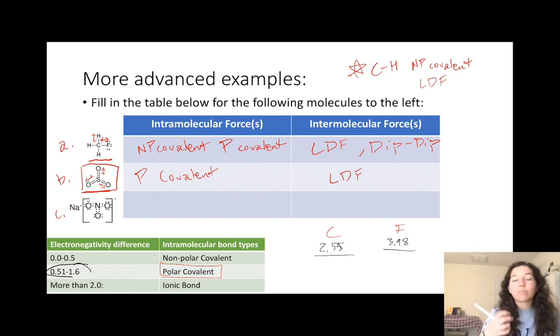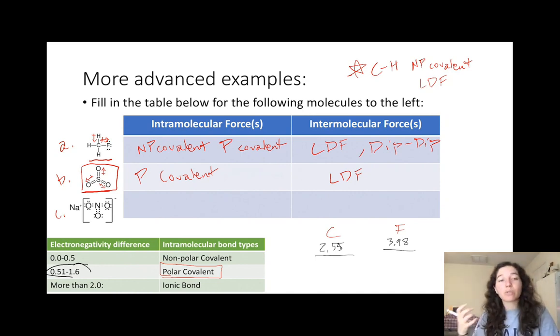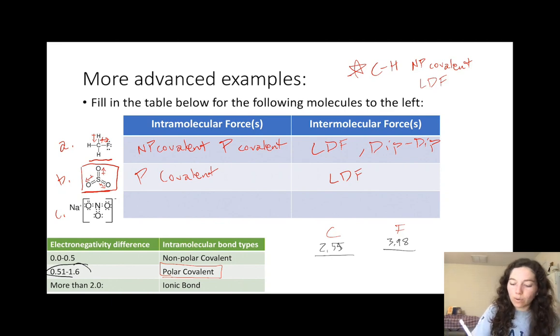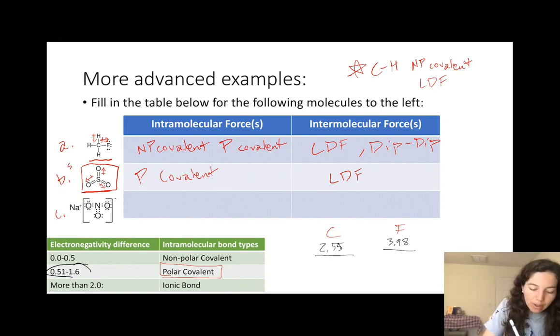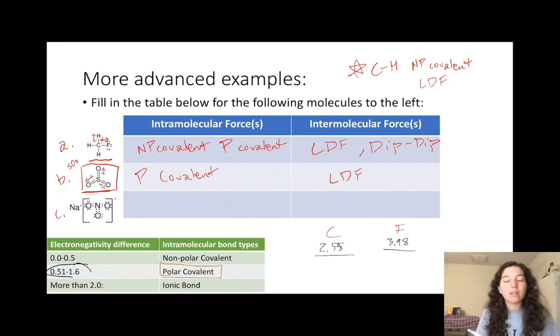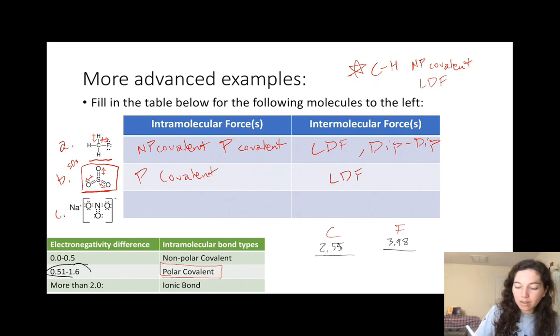So even though these are pulling relatively strong because they're polar covalent, they all negate each other. So if there was another SO3 molecule around, these things would interact a lot less than if it had a net dipole and it was a polar compound. This is nonpolar. So that's one of those exceptions.